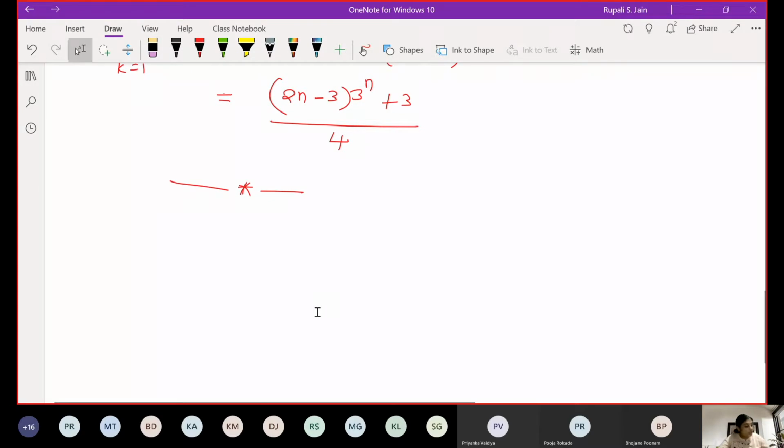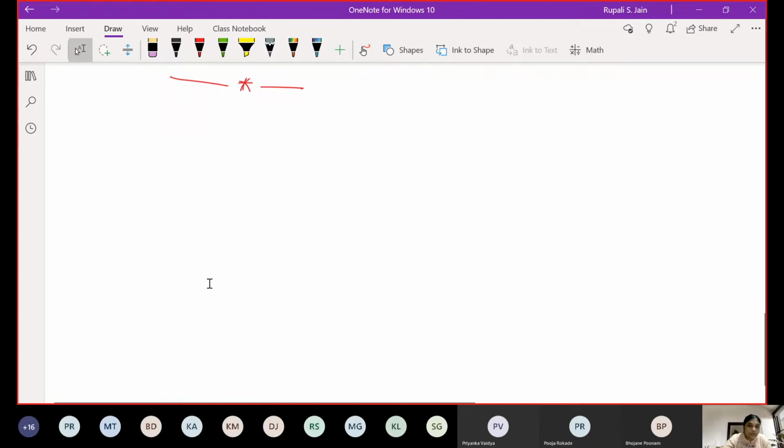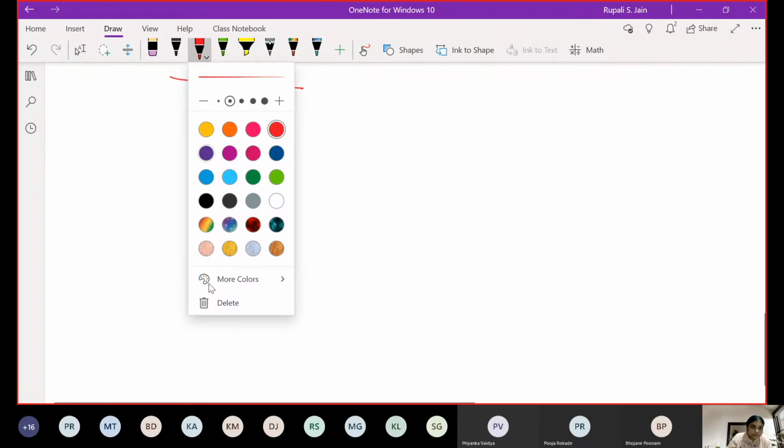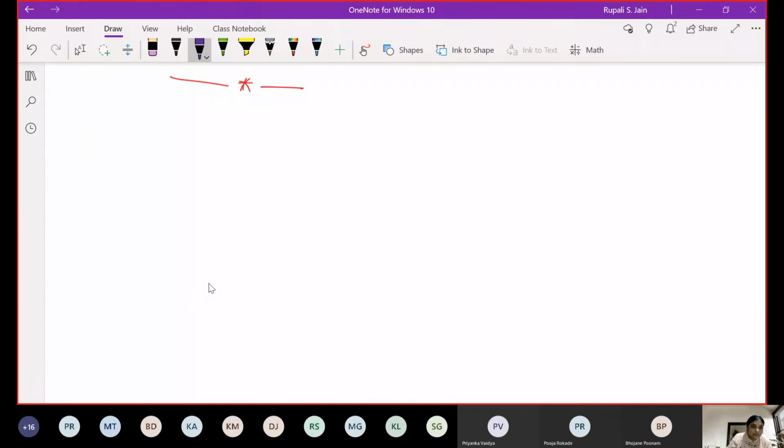Now the next section is section 2.3. What is that? Generating functions and approximate summations.